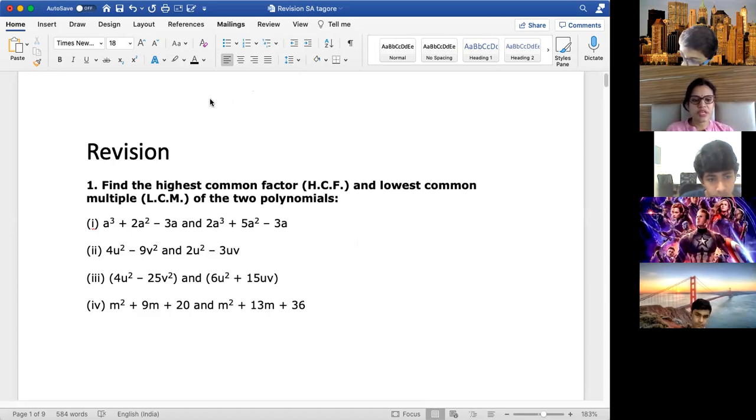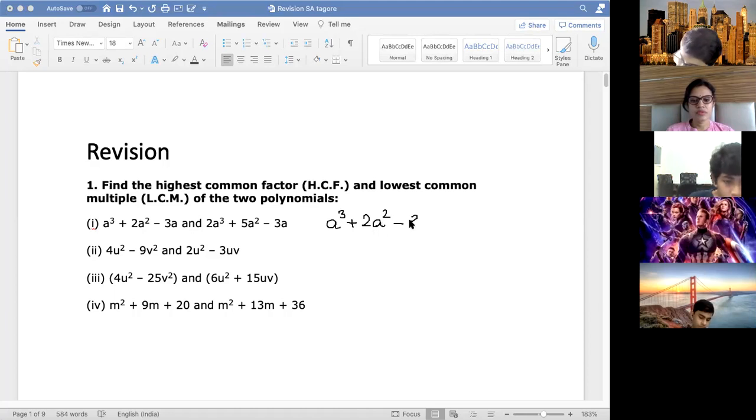How will you factorize a cube plus 2a square minus 3a? Always remember, first step of factorization is checking for common. Take out common. Then you can factorize this bracket. And mostly we use splitting of the middle term only. So minus 3 is there. What will you get?